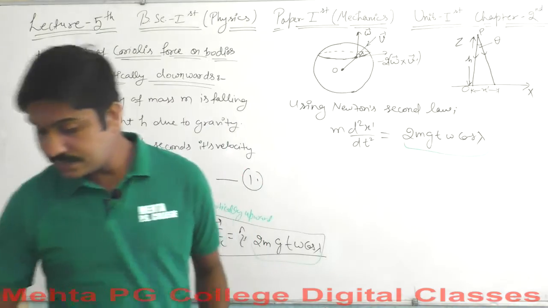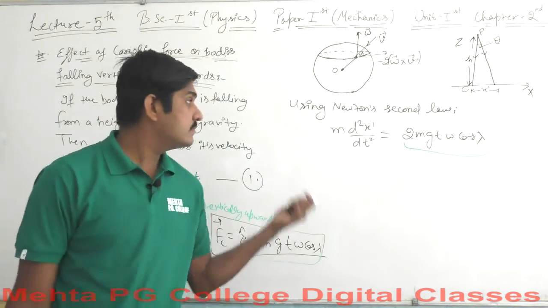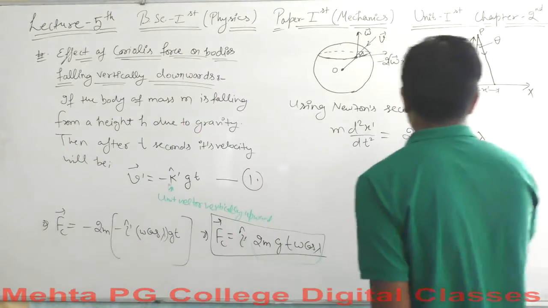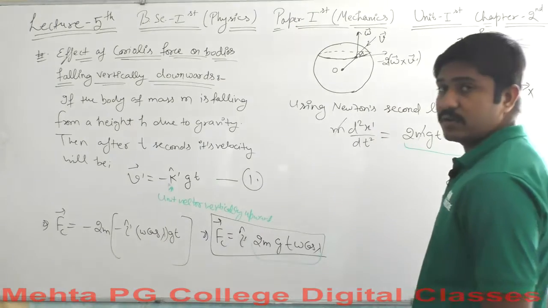So that is it. Now we go through the simple mathematics: the m can be cancelled out here. So d2x dash over dt square will equal 2gt omega cos of lambda.